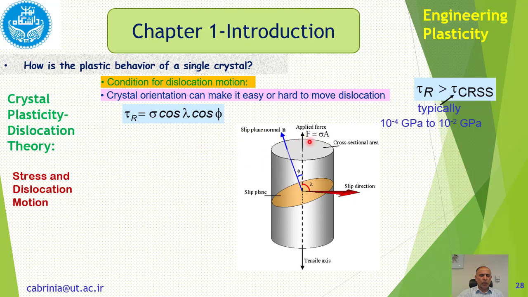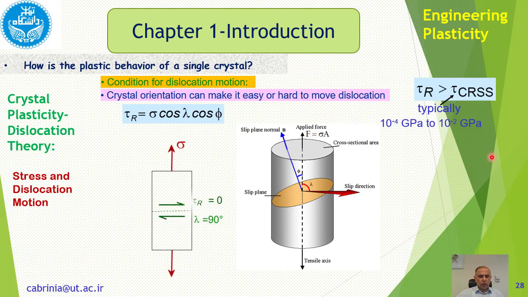So F is the only changing thing in here, because F is the applied force, the tensile force. If we increase F, tau r increases, and if F is increased enough, then tau r reaches that value and a slip occurs.